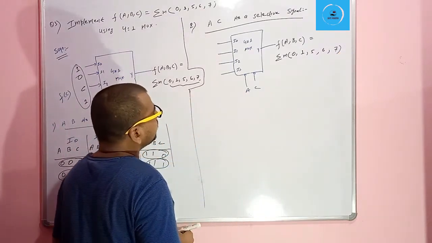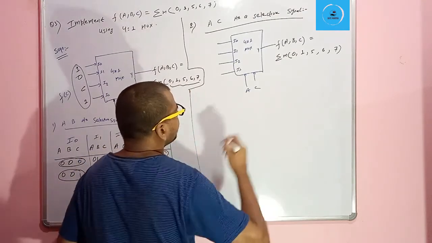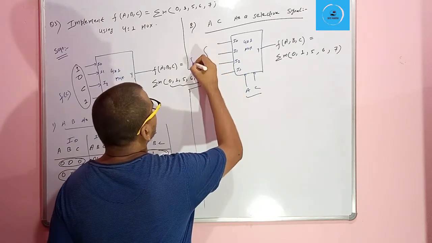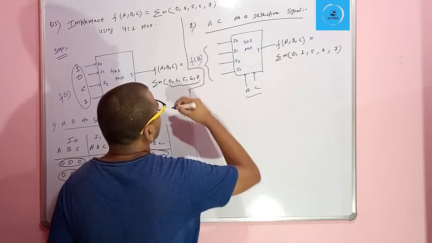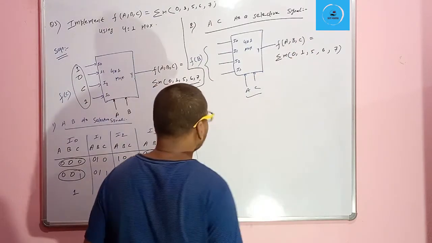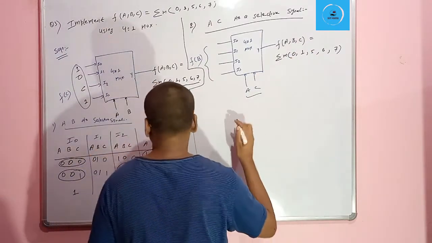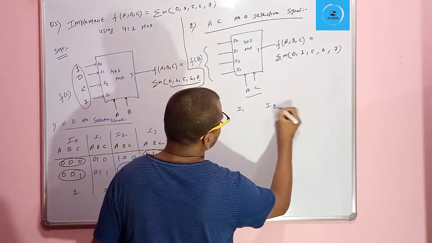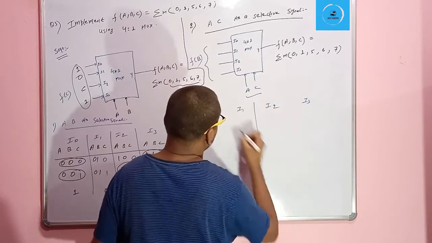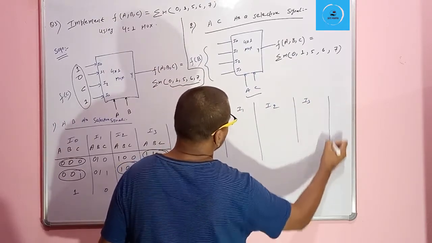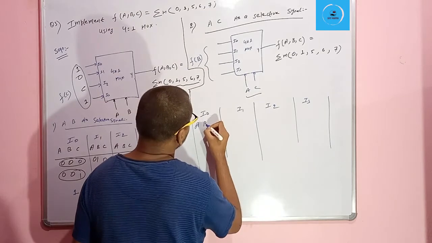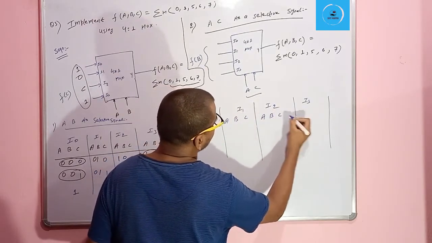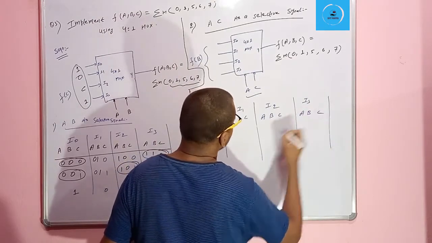So here definitely A and C are present as selective lines, and here we have to give the function of B, so we will get the output as a function of A, B and C. So for solving this, first we are going to write here I0, this is I1, this is I2 and this is I3, and we have divided this. Here we will write A, B, C, here A, B, C, here A, B and C, here A, B and C.